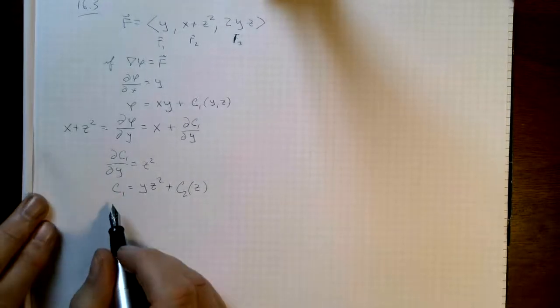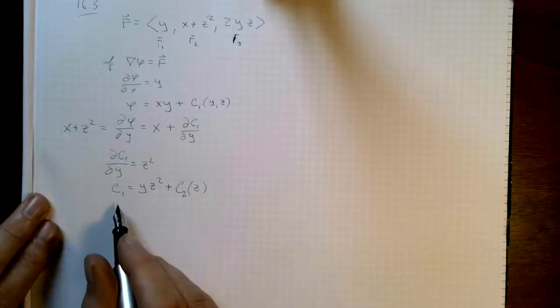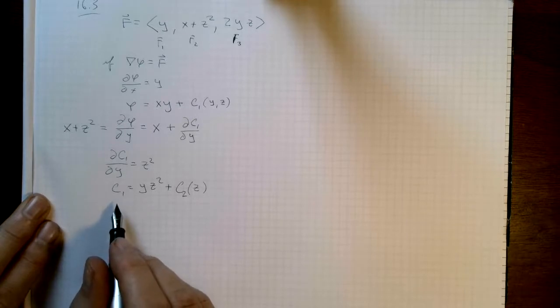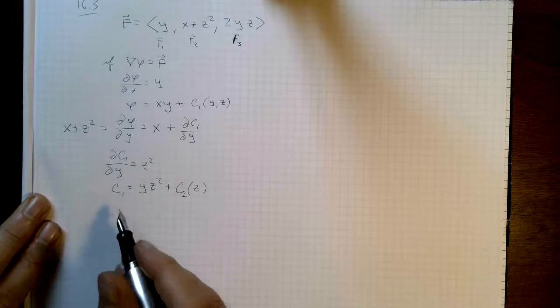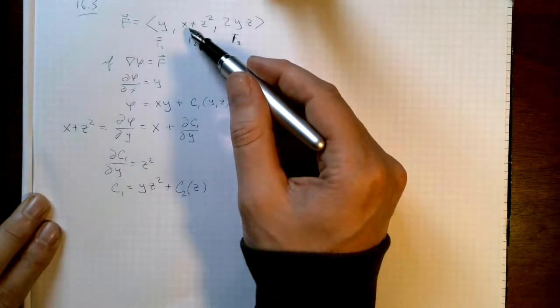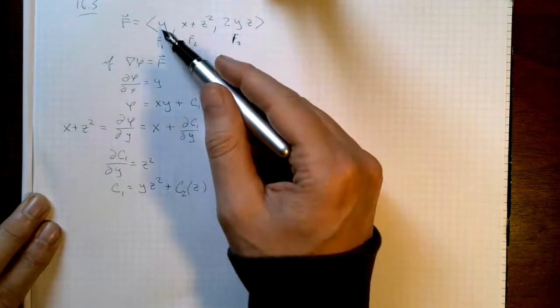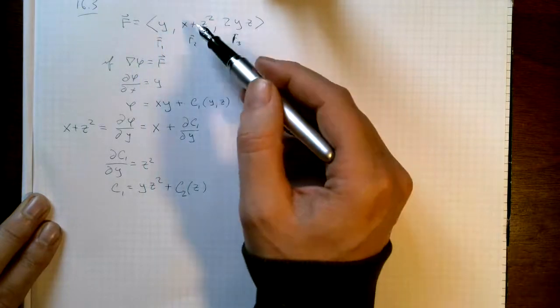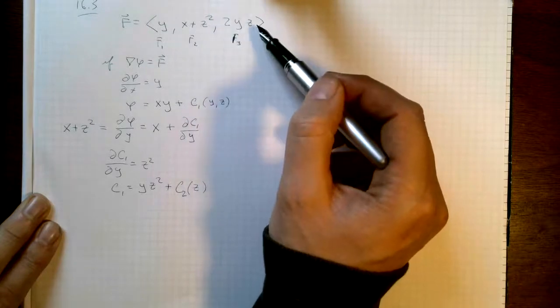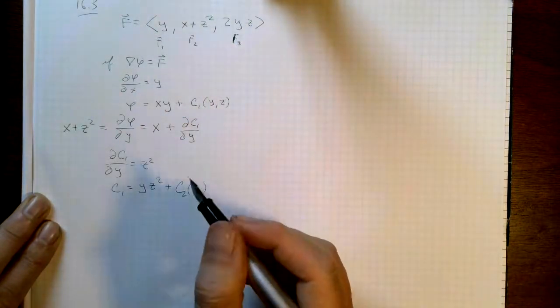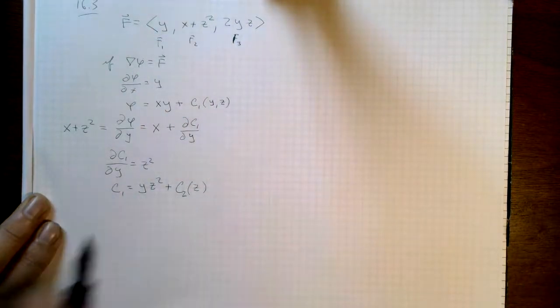Now let's look. We've made sure that f1 is y, f2 is x plus z squared, and we need to make sure that f3 is 2yz.